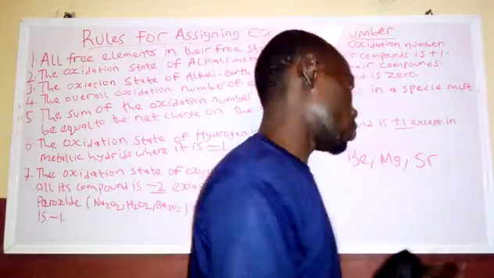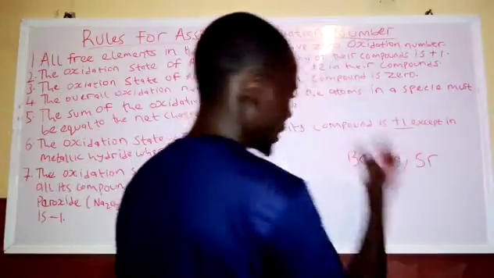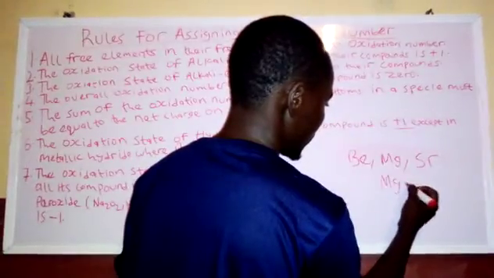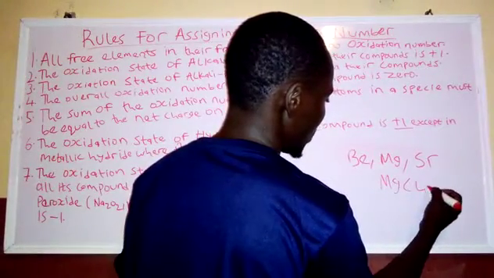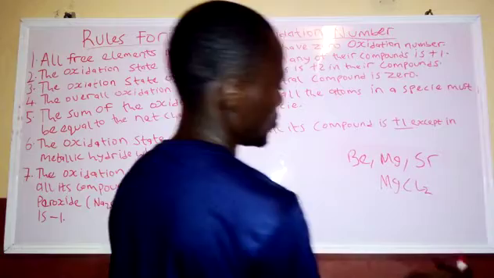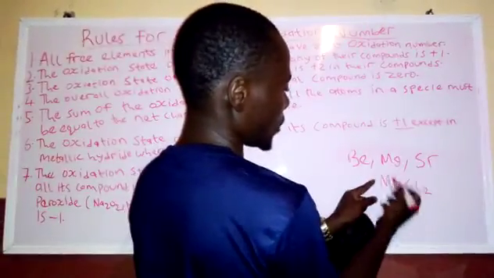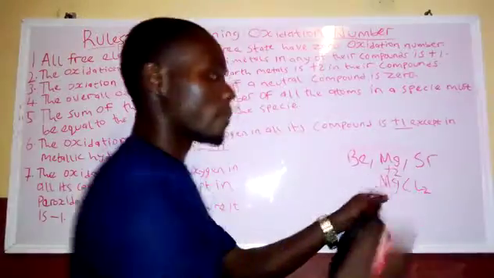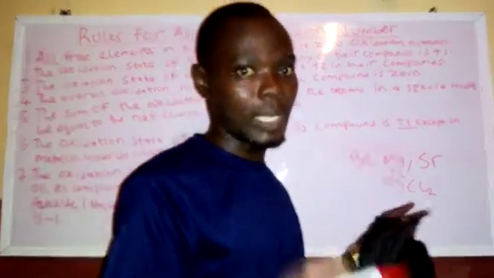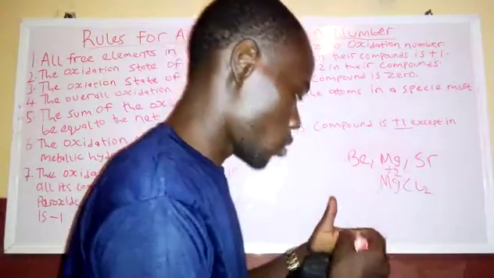The oxidation number is +2. For example, look at magnesium chloride, MgCl2. This is a compound, and the oxidation number of magnesium here is +2. Anywhere you find alkaline earth metals, the oxidation number is always +2.